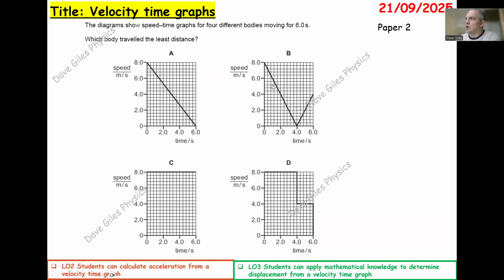So B, let's have a look at this. Triangle first, half times 4 times 8, so that's 16, plus another triangle, half times 2 times 4, which is 8. So this one has traveled the least distance total. So the answer is therefore B.